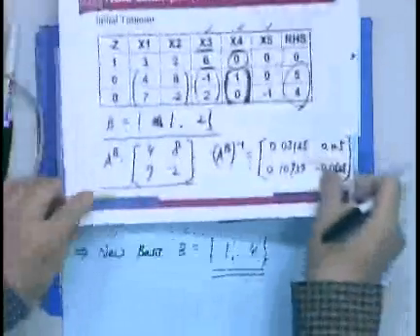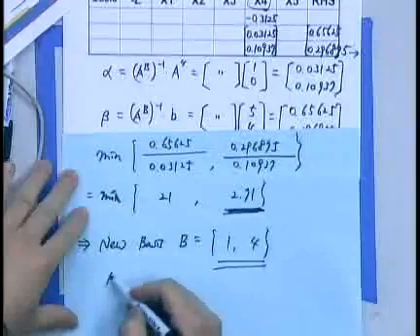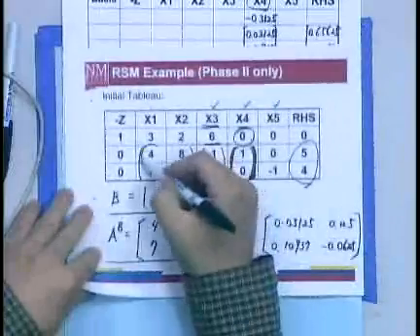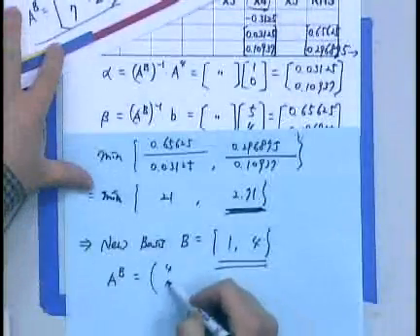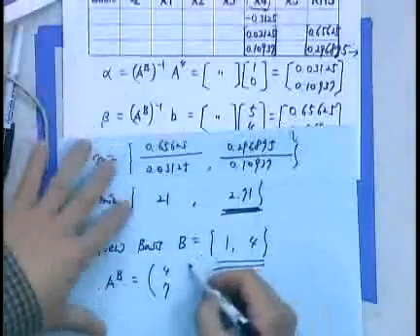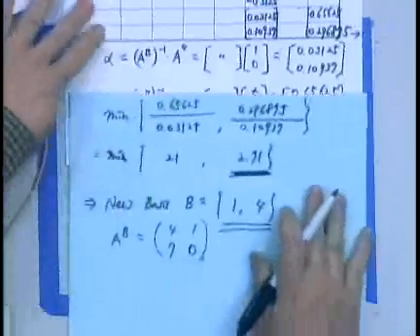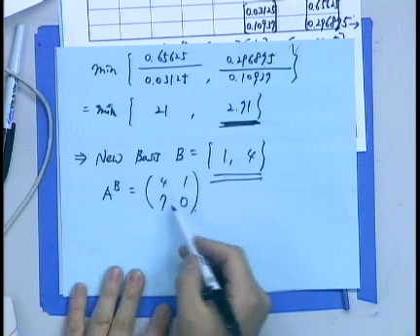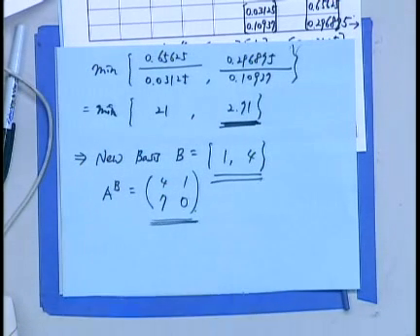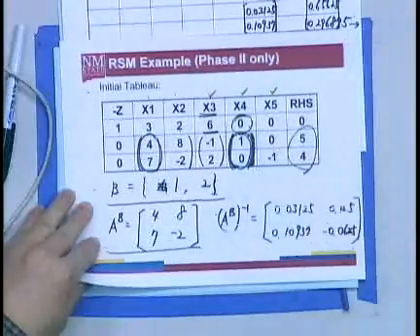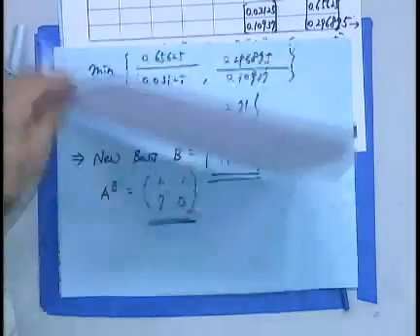This tells us the basis matrix A superscript B is 4, 7 and 1, 0. Right? I said the basis matrix can be obtained by taking the basic variable columns, which are the x1 column and x4 column of the constraint coefficient matrix, right?